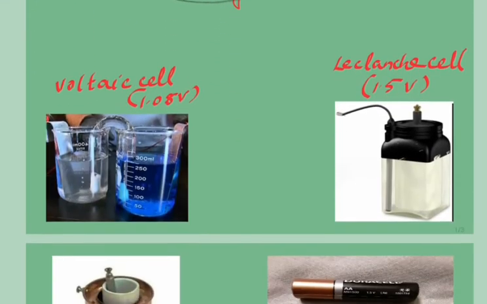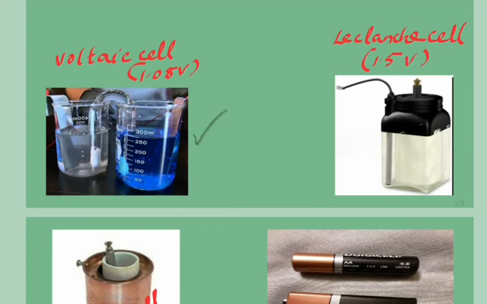Here the first one which you can see is a Voltaic cell. Voltaic cell provides a voltage of 1.08 volt. I'll give the details of that later. In the Voltaic cell, you can see the electrolytes here, then the electrode, and copper is dipped in copper sulfate.